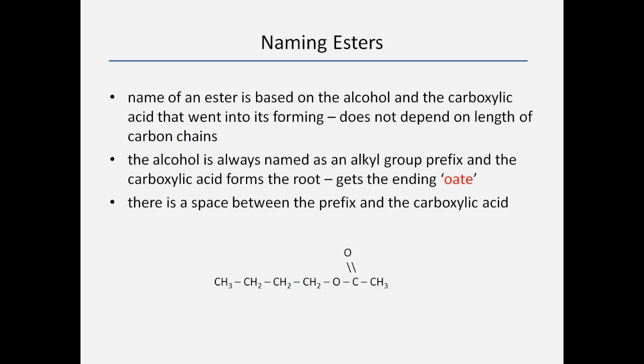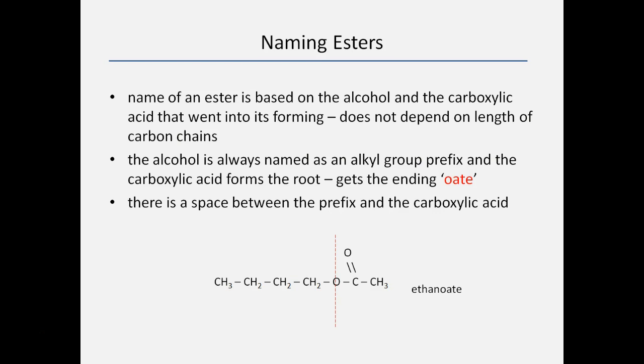My root would get the ending -oate. So for example, if I look here, I'm going to put a line through my oxygen. I can see that I have a carbonyl group on the carbon chain to the right of it, and as a result, that's automatically my root. Since it's 2 carbons long, it's an eth-, and I would change it to single bond, and then change the ending to -oate.